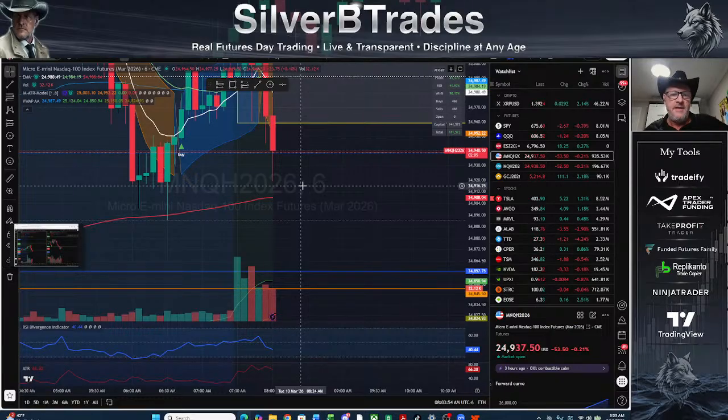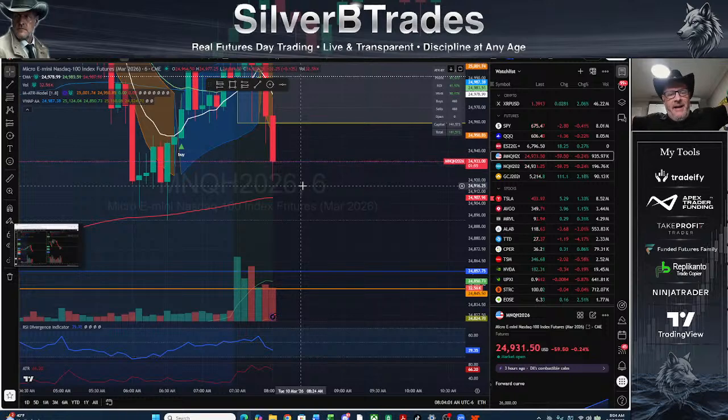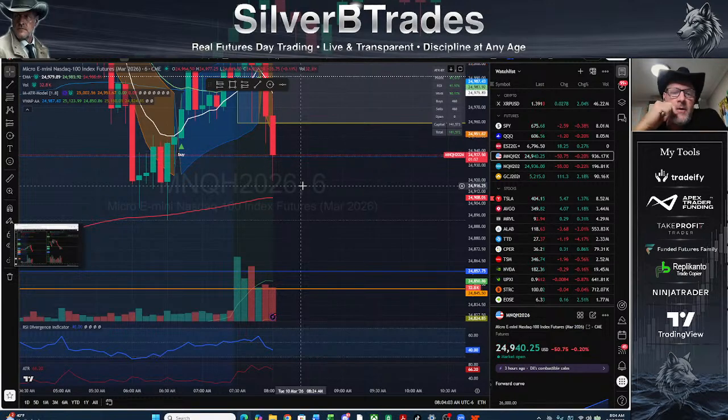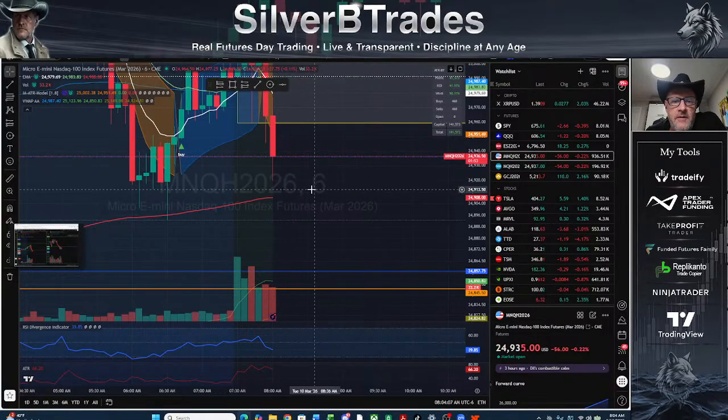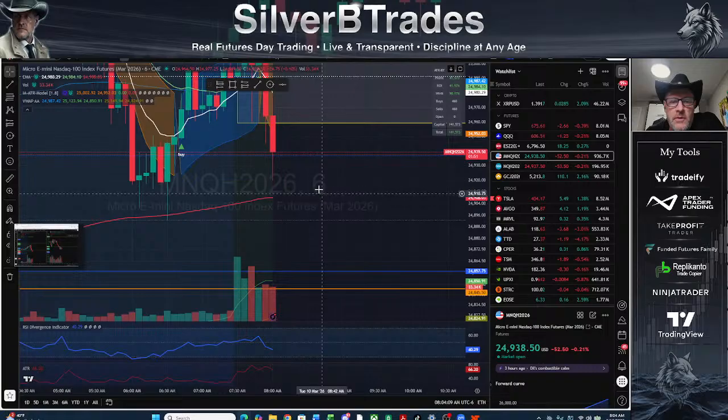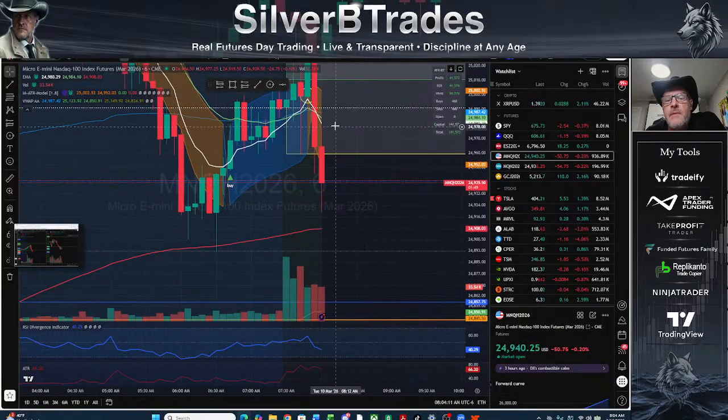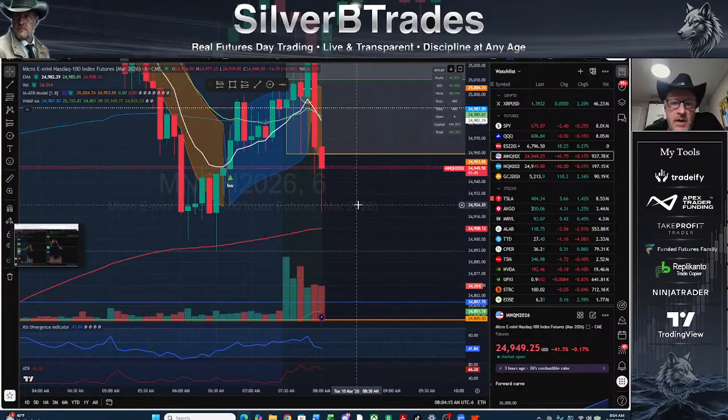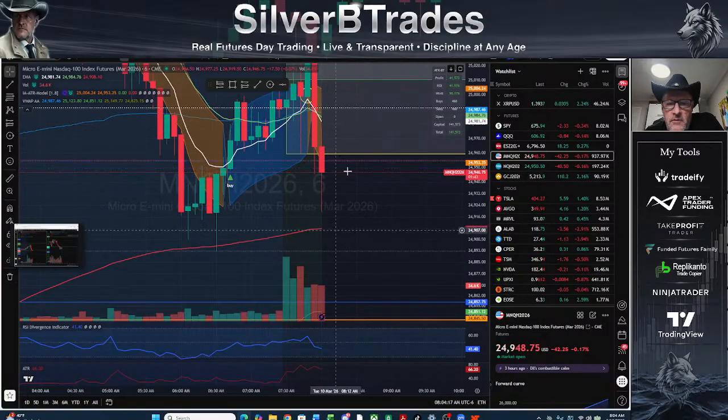Probably was a little heavy on that Apex. But either way, I would have been out with the $1,000 gain last time. Just didn't bounce. That bounce should have gotten in. We'll see if this continues down.